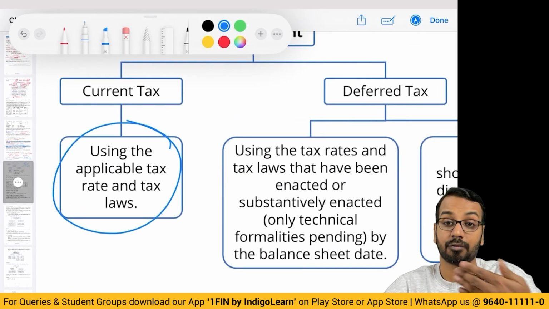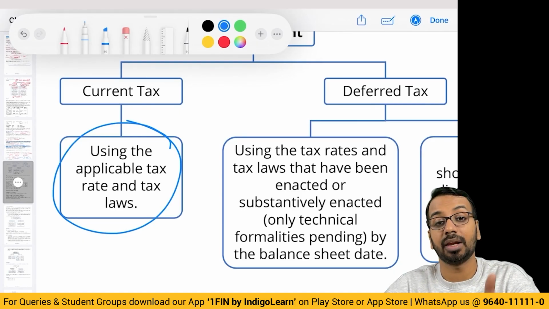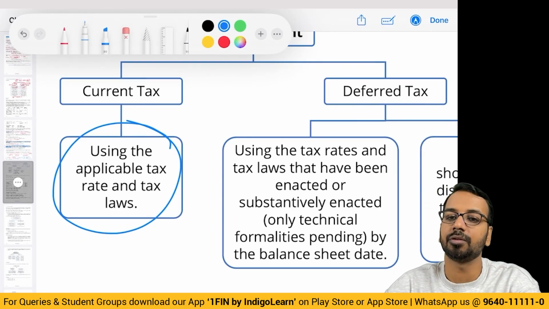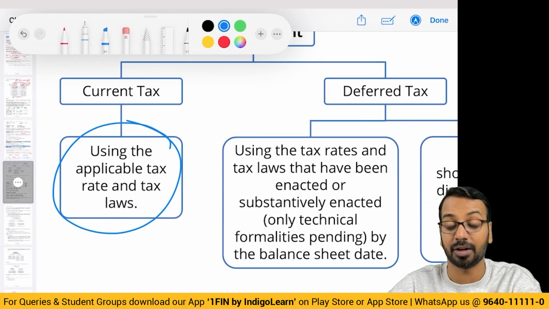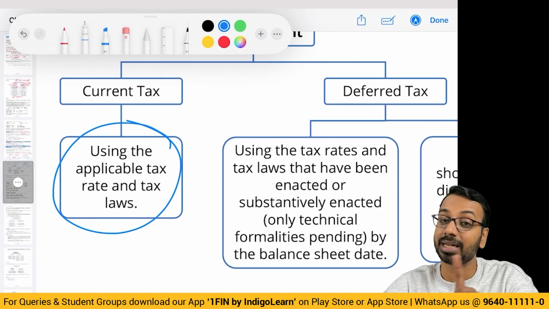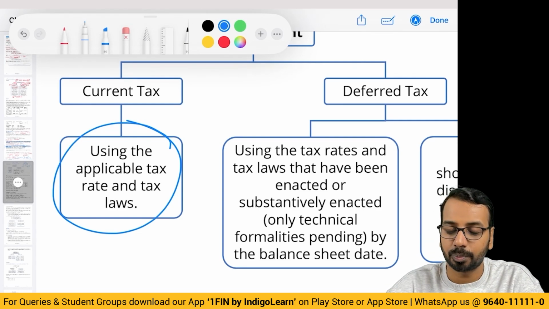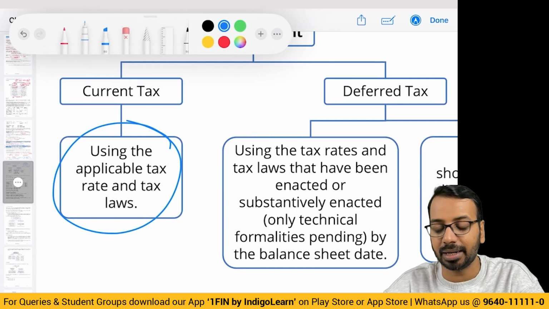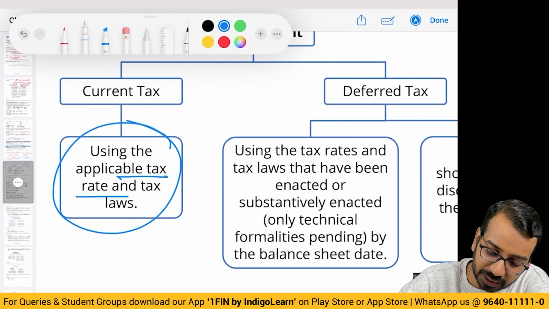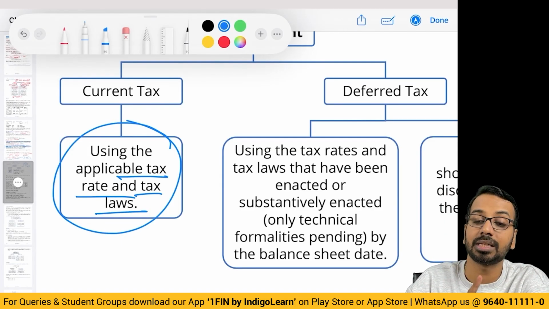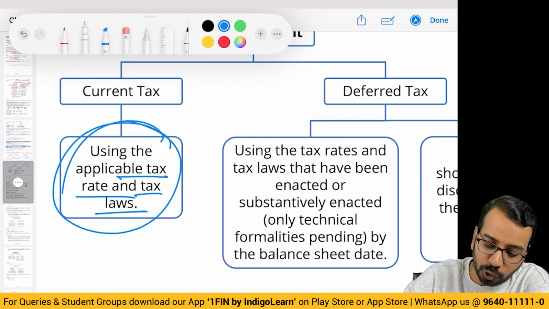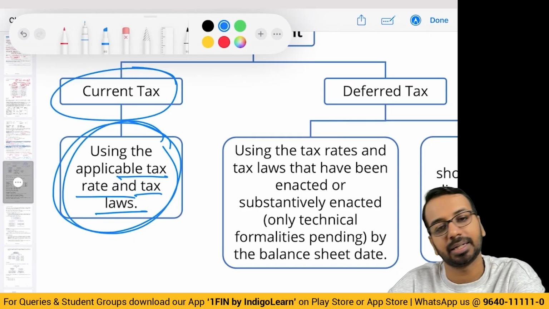For example, for your examination, the Finance Act of 24 is applicable, not Jan 25. For May 25 students, the Finance Act of 24 is applicable. Correct? So what is the applicable tax rate and loss? Using the tax rate, you will calculate current taxes.